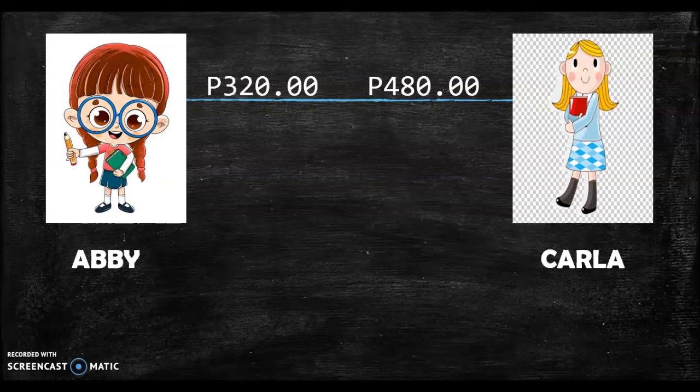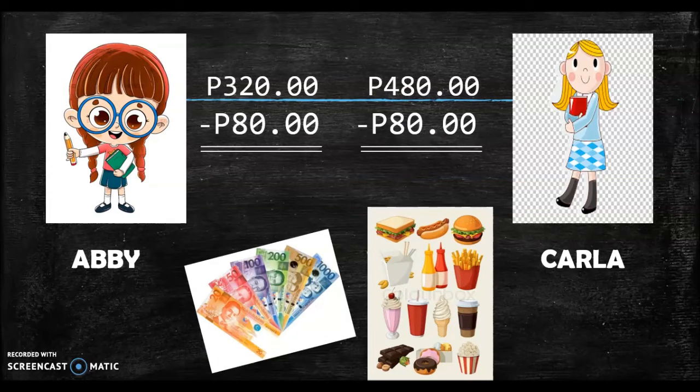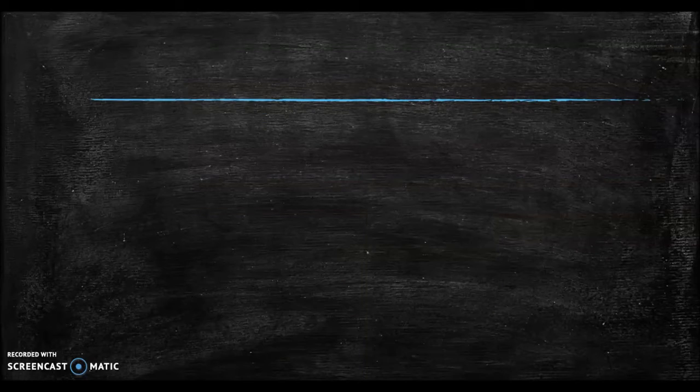To solve this problem, first we are going to deduct 80 pesos each from their money, because they spent it for snacks. So it will be 320 minus 80, and 480 minus 80. So their money left is 240 pesos and 400 pesos. Now let us find the ratio of these two numbers, 240 and 400.